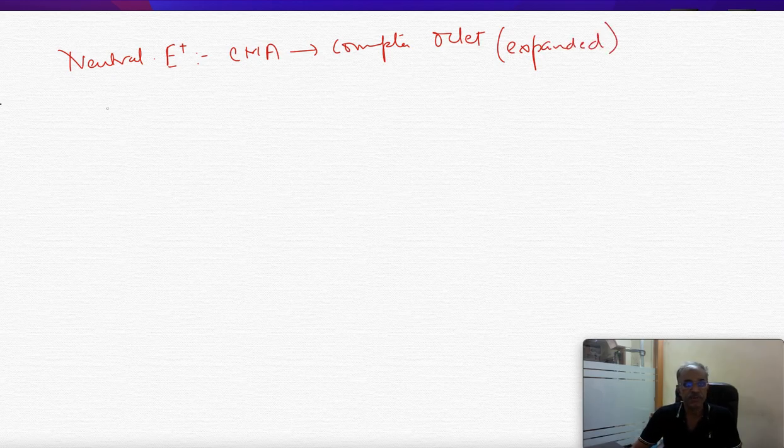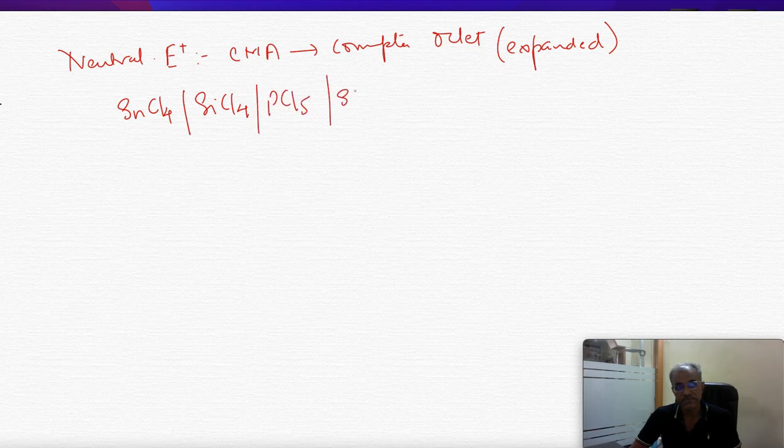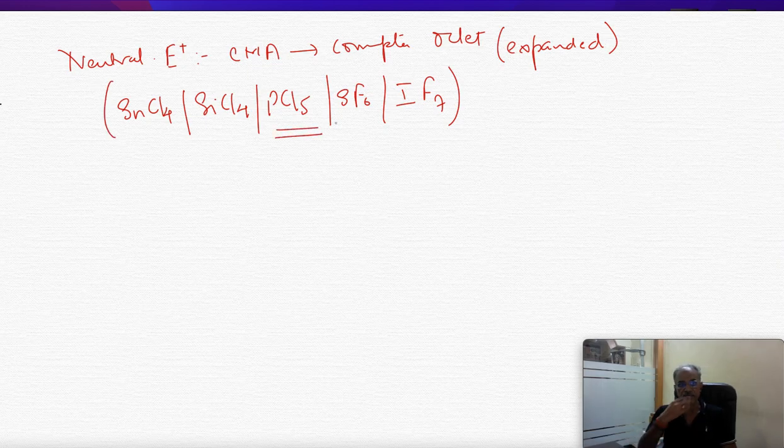Take for example SnCl4, or you can say SiCl4. We can say PCl5, SF6, IF7. These are all important reagents which are going to come in our future chemical reactions.